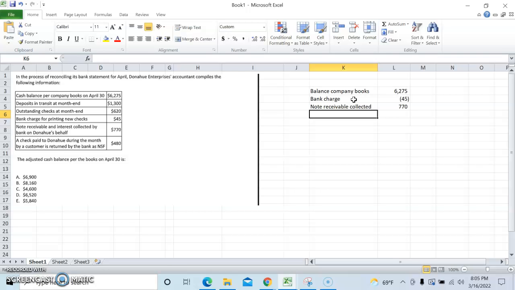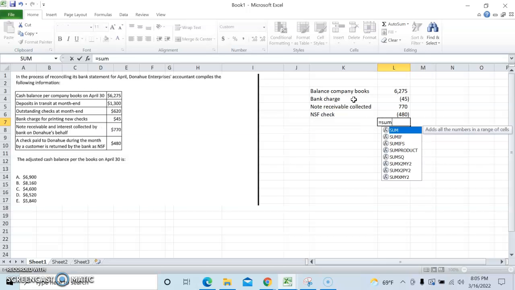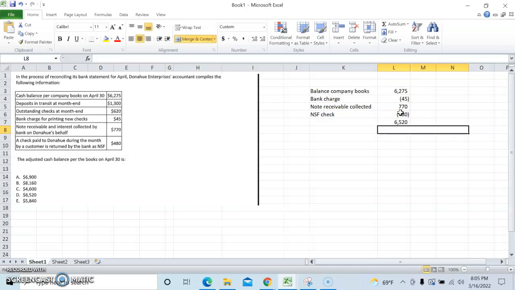Now we know we're not going to get paid because our check bounced. So now we need to subtract 480 from our book side. NSF check, minus 480, because it's going to reduce it. Now all we have to do is add up our numbers, and that gives us our answer: 6,520. That is going to be answer D.